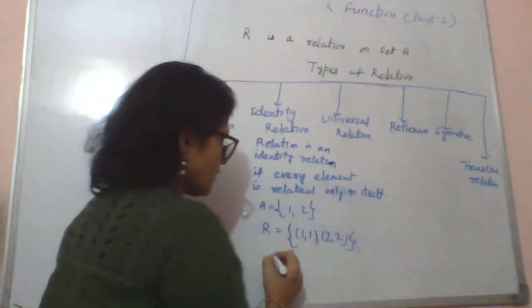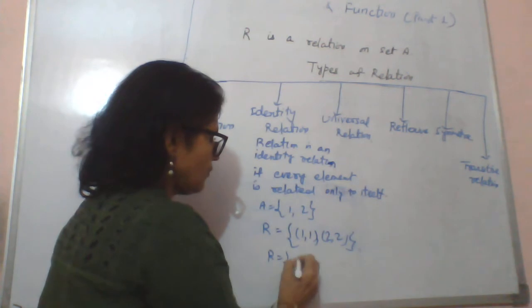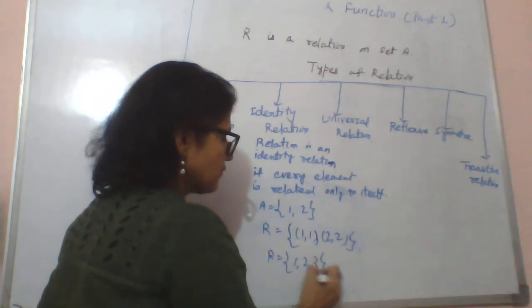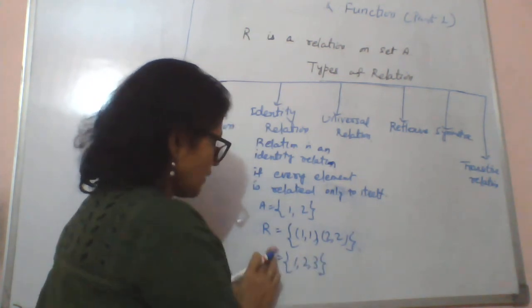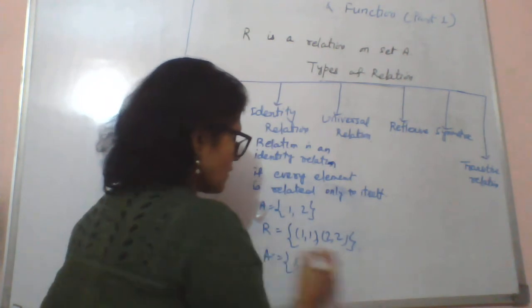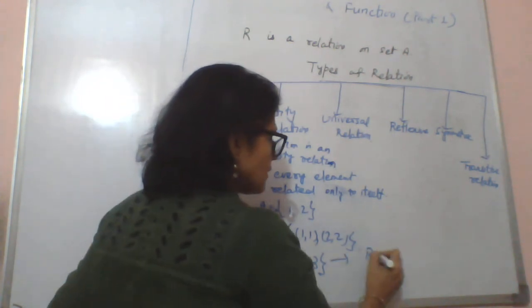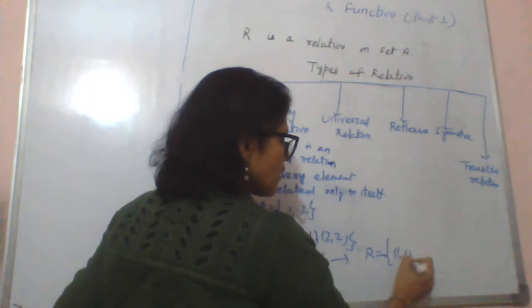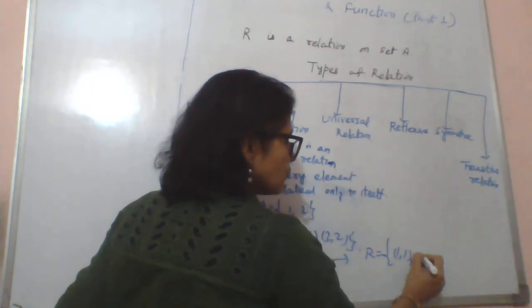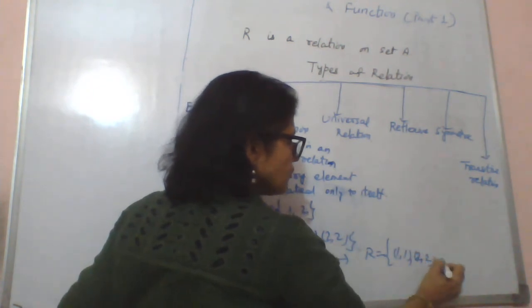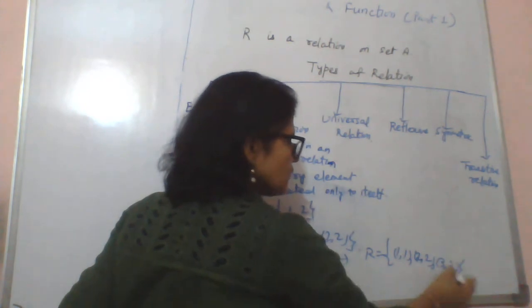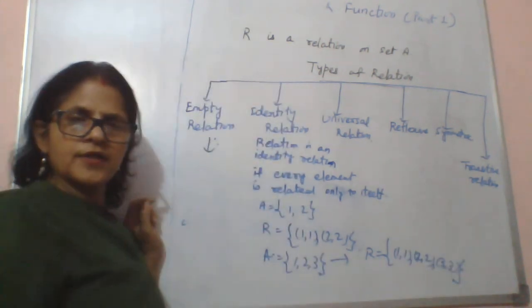Similarly, if I take set A = {1, 2, 3}, and I write the relation R as (1, 1), (2, 2) and (3, 3), this can be an identity relation.